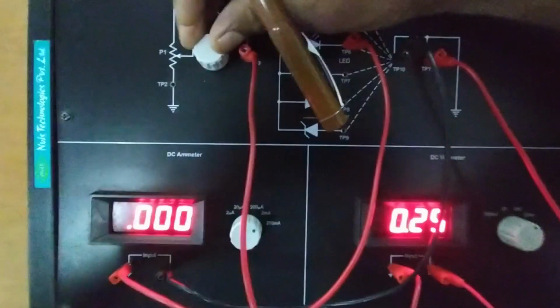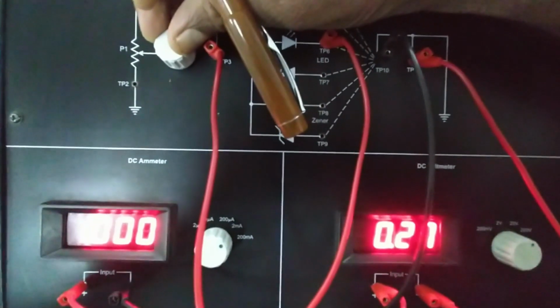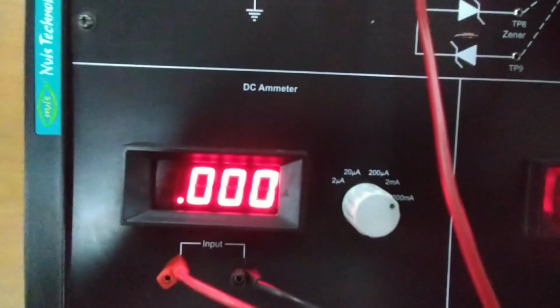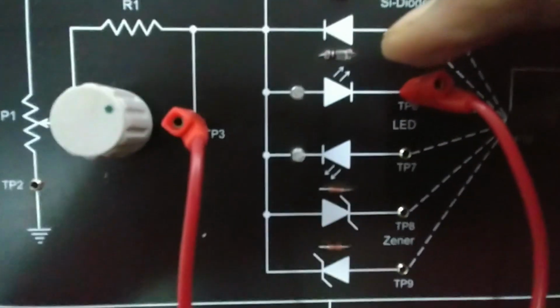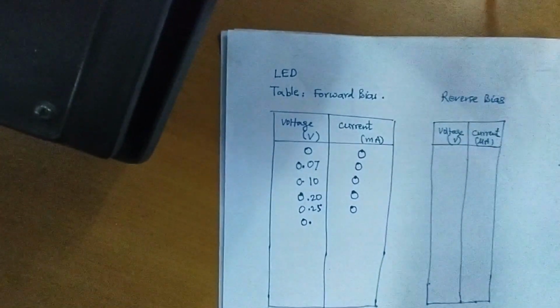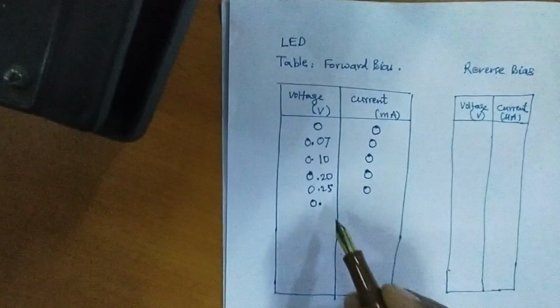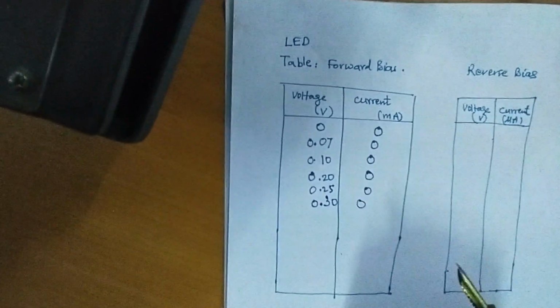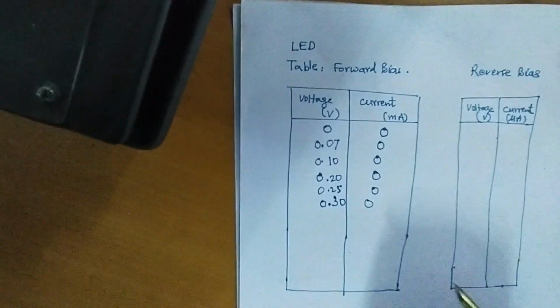Now I increase this to 0.3. I note down the values of current, and also I'll see whether I am getting any light out of the LED or not. Still there is no light coming out of it. Therefore I write the value shown by the meter as 0.3 in the voltmeter and 0 in the current.